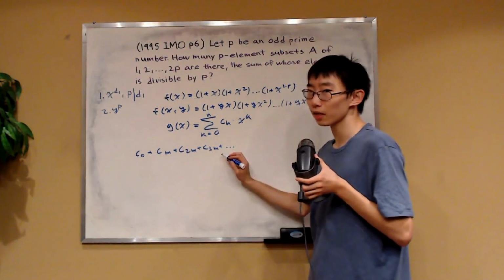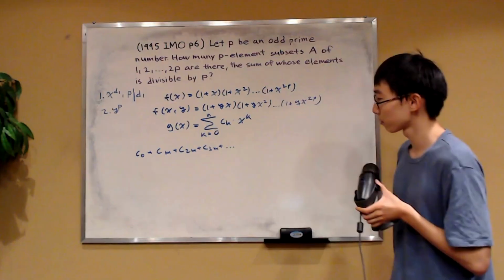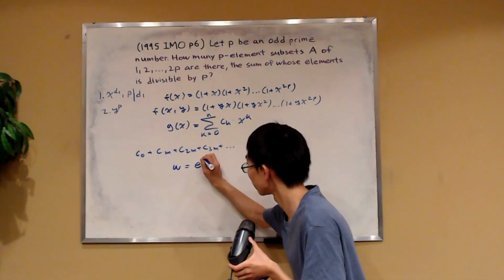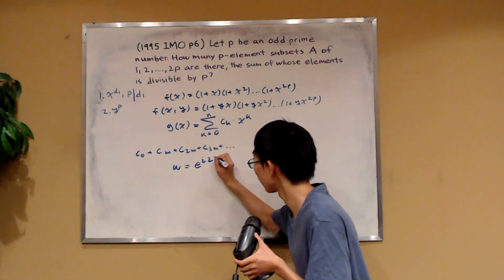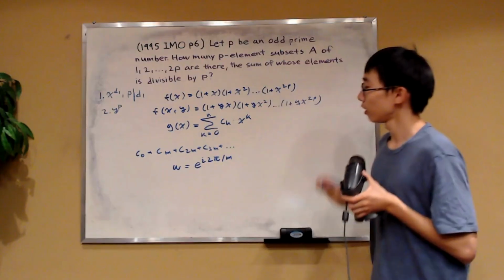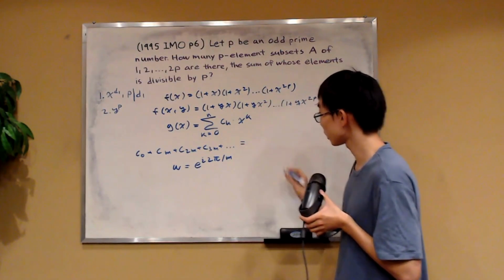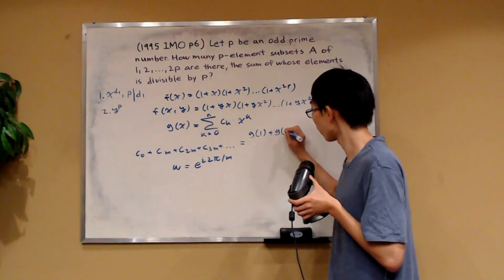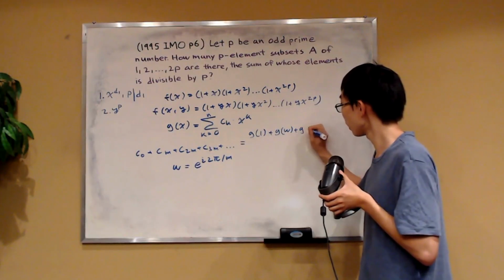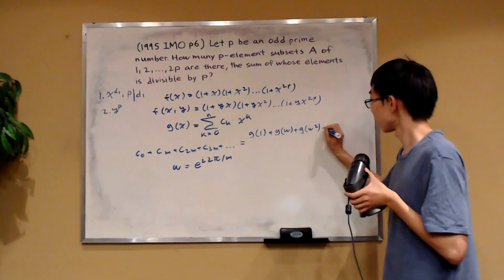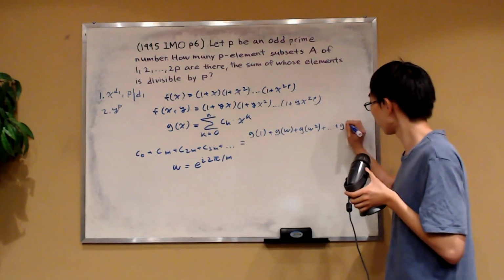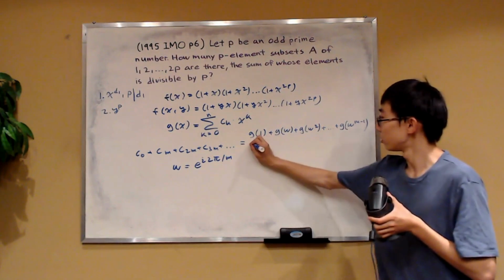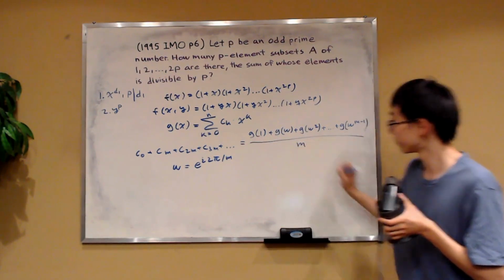If you want to find this sum, then there's a really nice formula for this. If you let omega equal to e to the i 2 pi over m, then this sum is just equal to g of 1 plus g of omega plus g of omega squared plus dot dot dot all the way to g of omega to the m minus 1, and then divide by m.